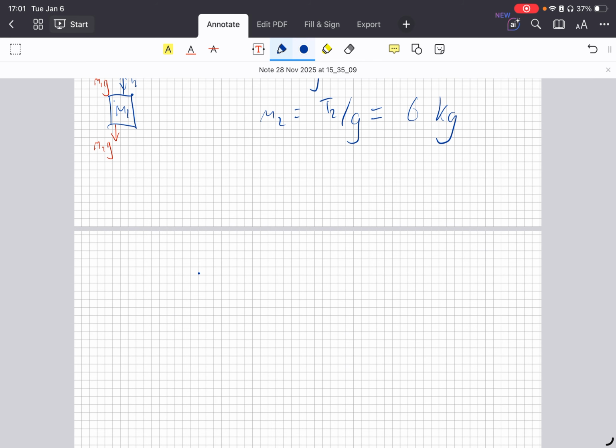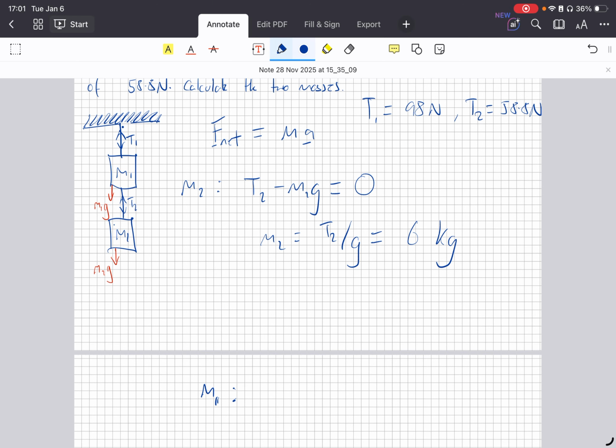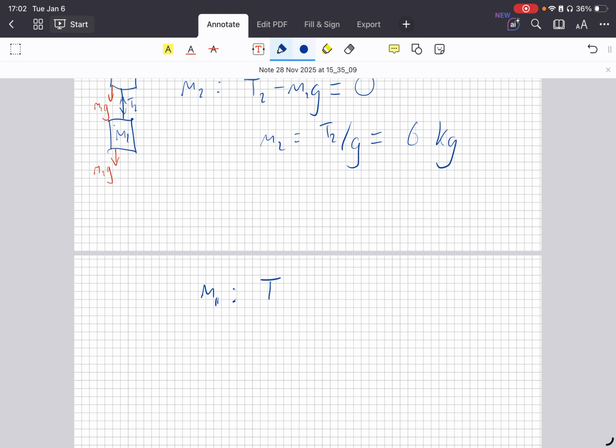Now if we do the same thing for mass M1, again, what are the forces? Well, we have T1 acting in the upward direction, and in the downward direction, we have the force due to gravity, M1g, and the tension in the second rope, which is T2. So let's write the whole thing out again just for completeness.